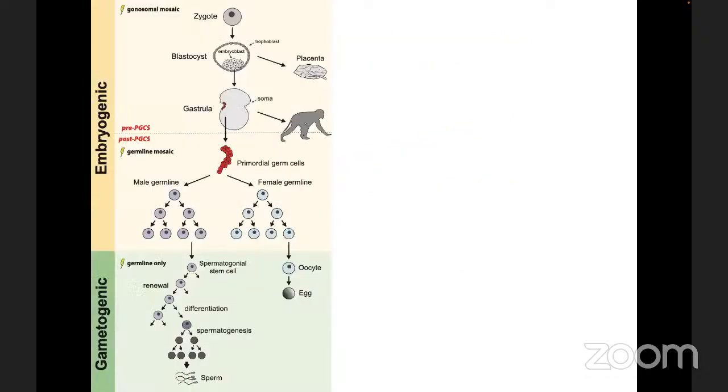So here's a little figure that Richard Wang in my lab made, which is trying to show a summary of mammalian germline development. There's this important step, pre-PGCs and post-PGCs, where PGC is primordial germ cell specification. That's when you set aside your germ cells and the sex hormones kick on. Then you have the rest of embryogenesis, and then what happens basically post-puberty.